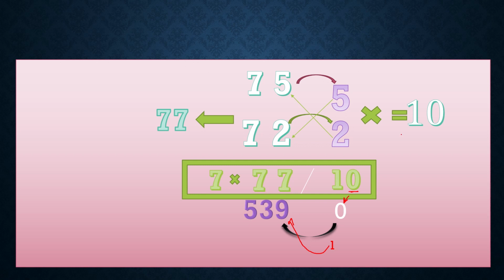If we take a base of 100, then there are two zeros, and in that case we take two values. But here we take 70 as a base. In 70 there is only one zero. So we take only one value and add the one to the other value.